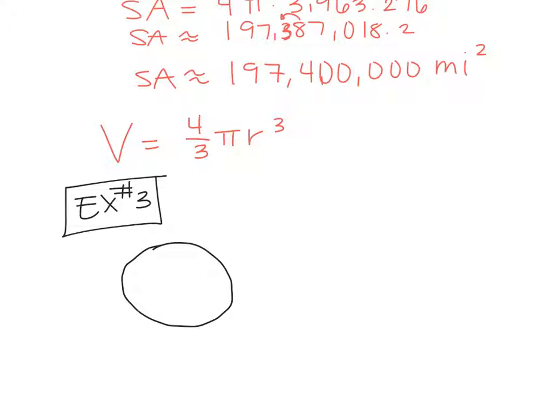Okay, so let's say we have a sphere with a radius of 6. Not my best work, sorry guys. So if I want to know the volume of that sphere, this is real quick and simple, right? We're given the radius, so all you have to do is plug that number in.